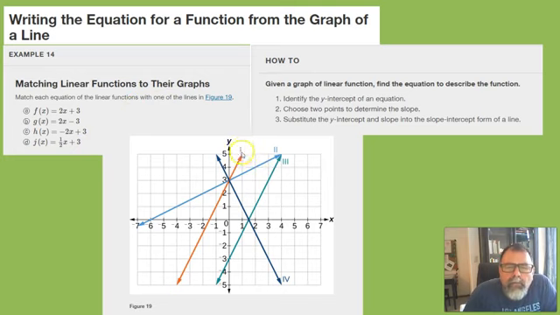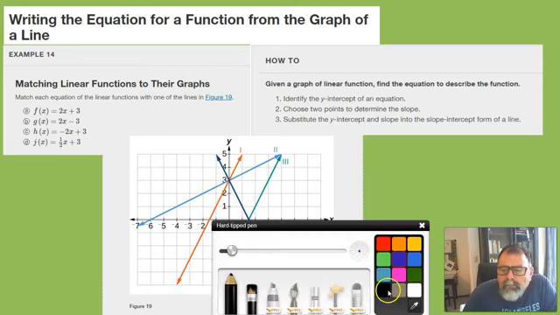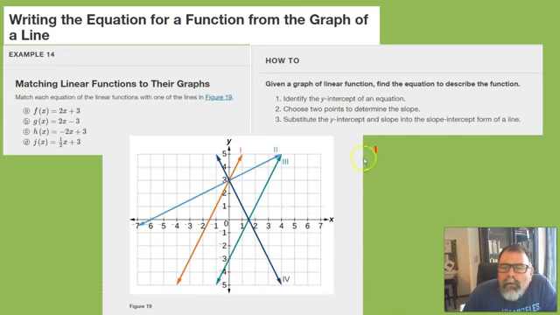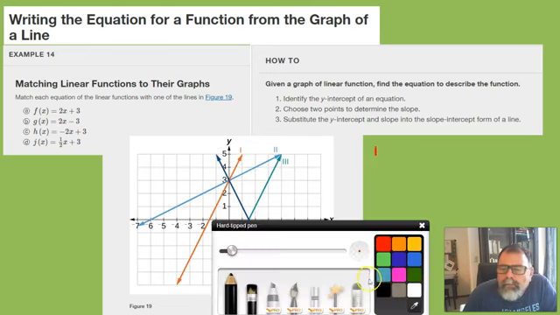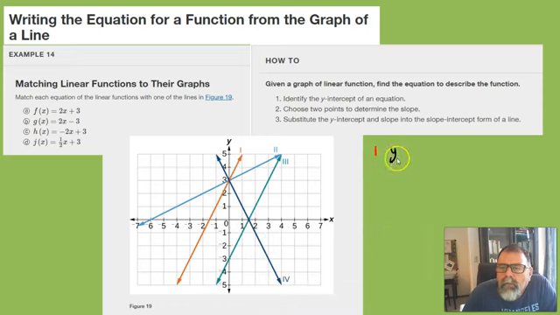So for this line marked with the red one with the 1, the y-intercept is 3. So that would be 3. Now the slope, since we have the graph, I'm just going to count.